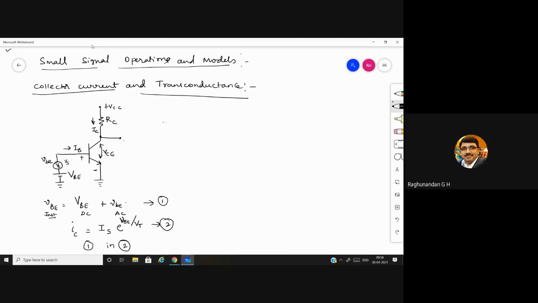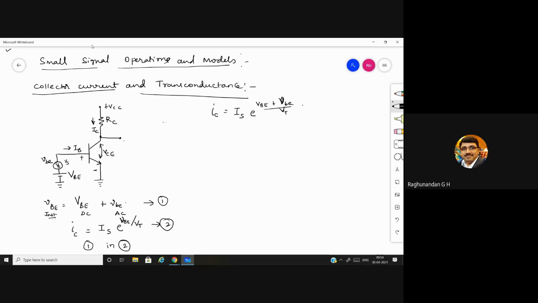Now in the next step, when you substitute 1 in 2, we get IC is equal to IS e to the power of (VBE plus vbe) by VT.